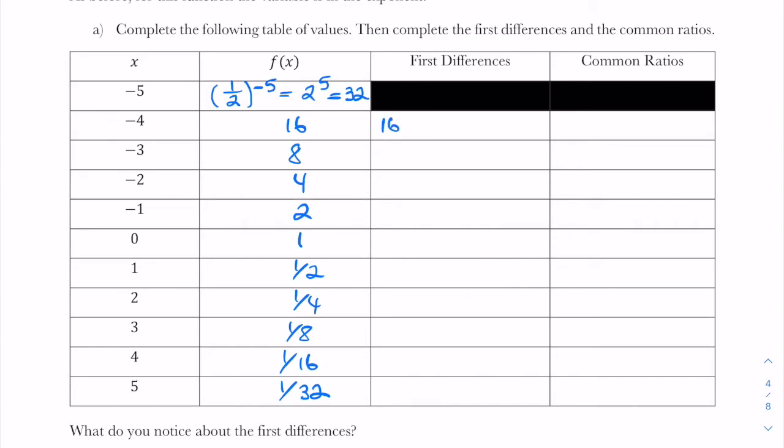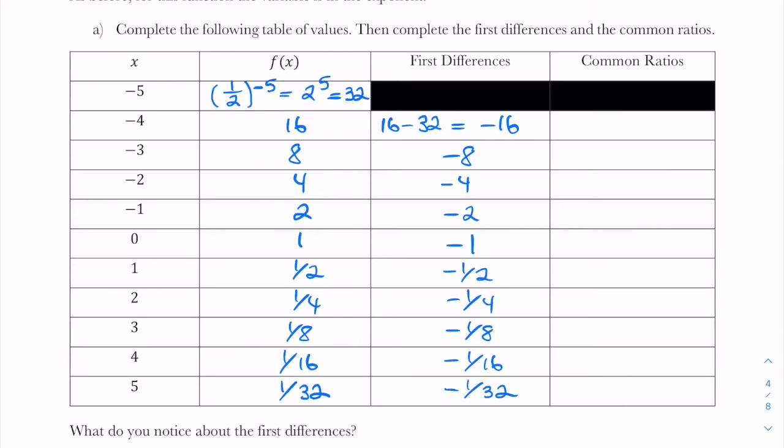So 16 take away 32 is -16. And work your way down the table, subtracting consecutive y values. You should get first differences of -8, -4, -2, -1, -1/2, -1 over 4, -1 over 8, -1/16, and finally -1 over 32.